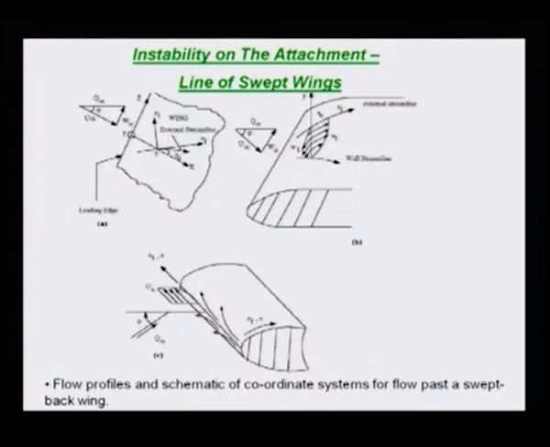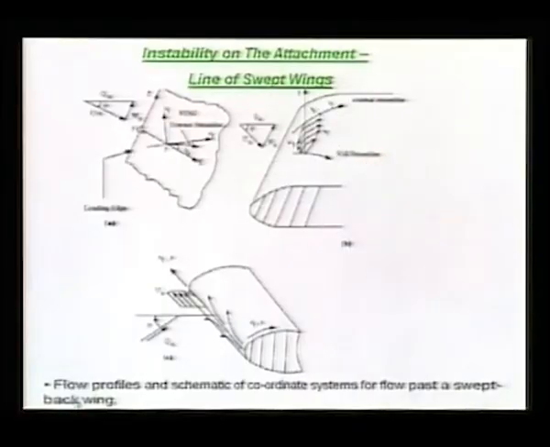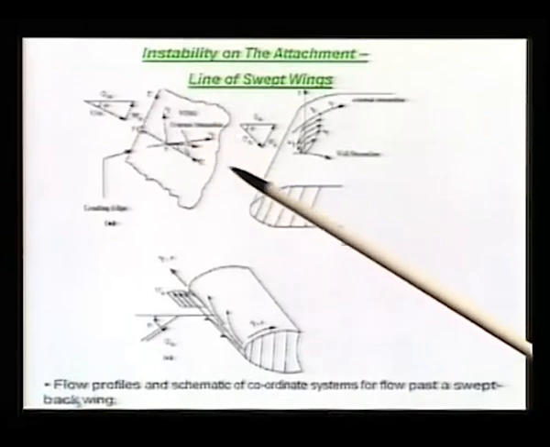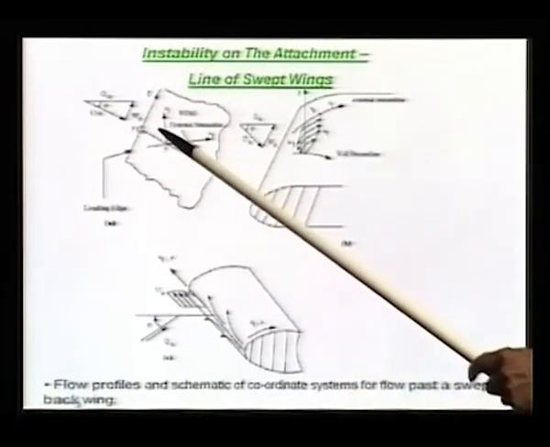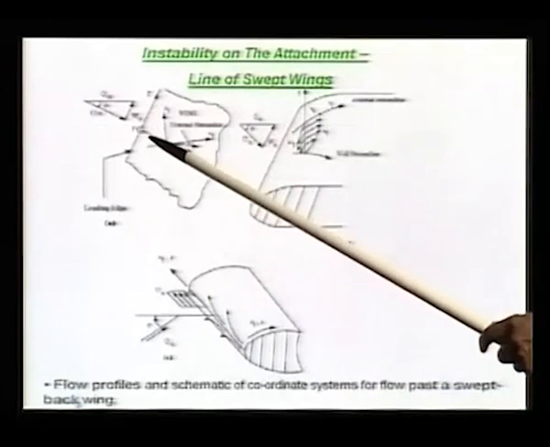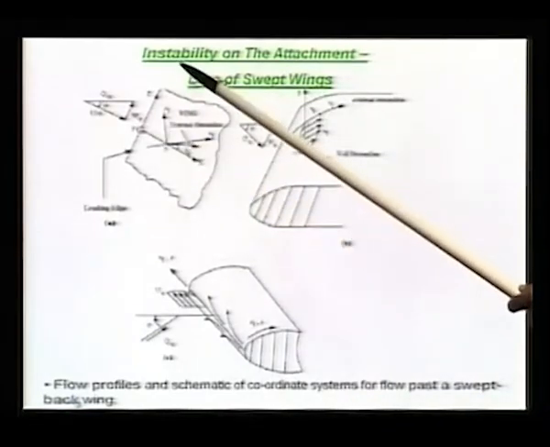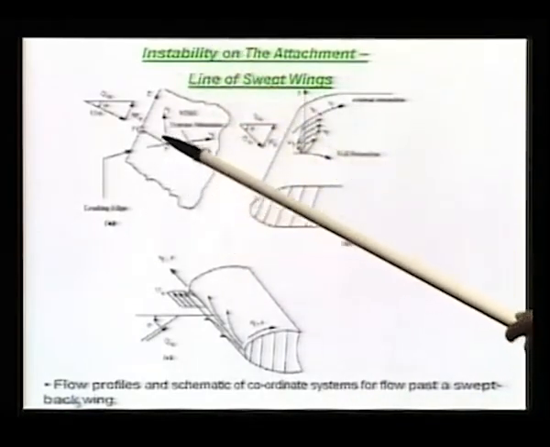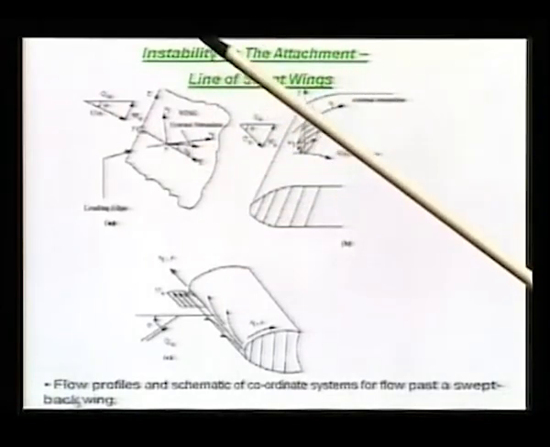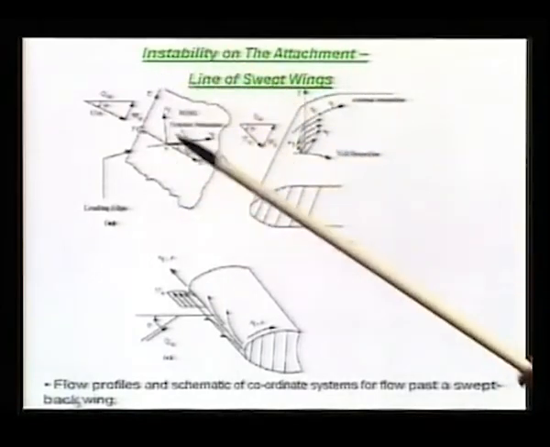So, these two lines are not the same. Okay. In addition, we have a wing fixed coordinate system. In this wing fixed coordinate system, capital X is normal to the leading edge and capital Z is along the leading edge. So, that is that, and y is perpendicular. That is your wing fixed coordinate system.